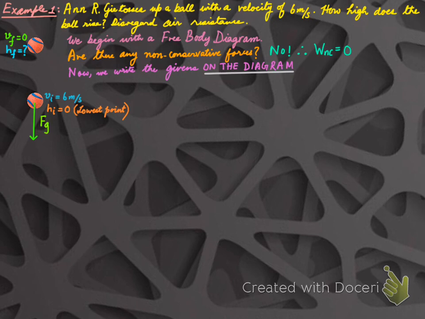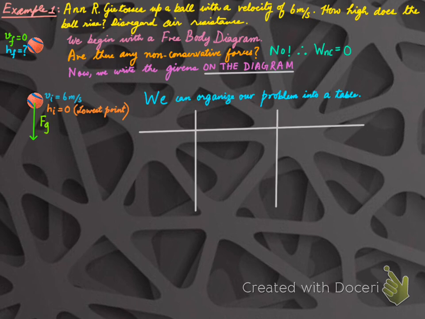Now we're going to apply the work energy theorem to this problem. I find that it is useful to organize my problem in a table. So I'm going to make 3 columns to this table. The first column is going to have information for the work done by the non-conservative force.